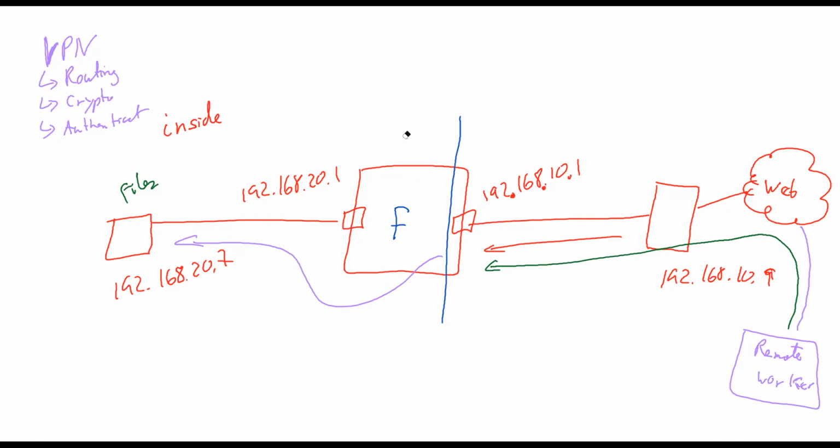So we have to rethink our approach. Our approach now becomes the fact that we want to make this firewall also into a VPN, a virtual private network, with maybe one port, and that port allows everything to go through. Do you guys see that?